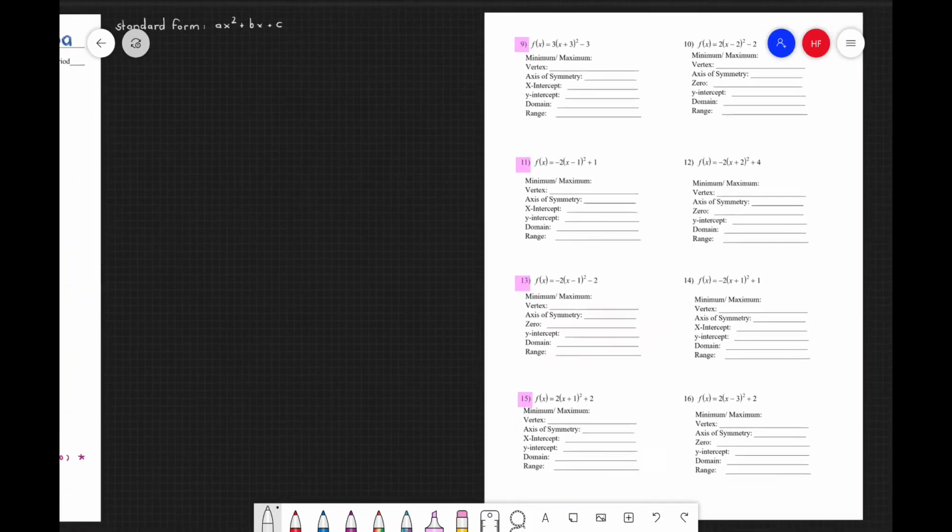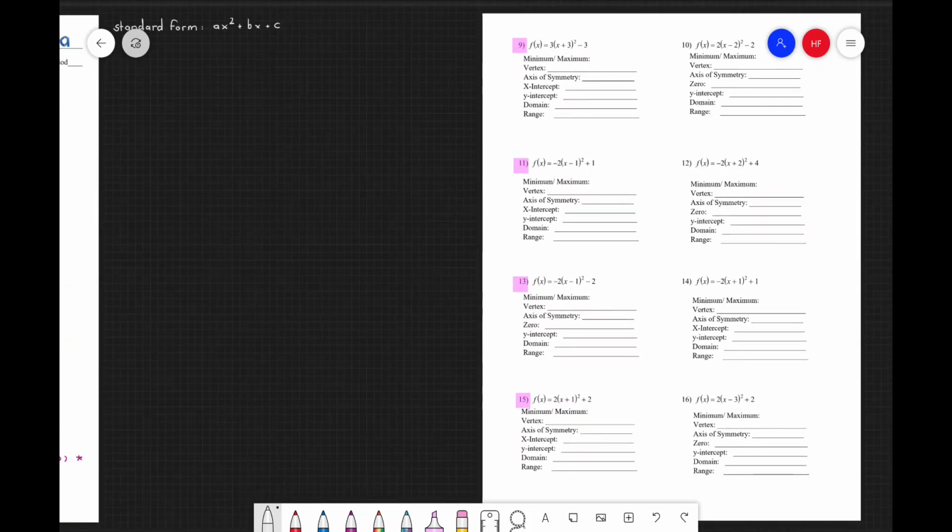And then on the second page, we see that they are in vertex form. So in vertex form, well, let me start with y equals a(x minus h) squared plus k, where (h, k) is the vertex.